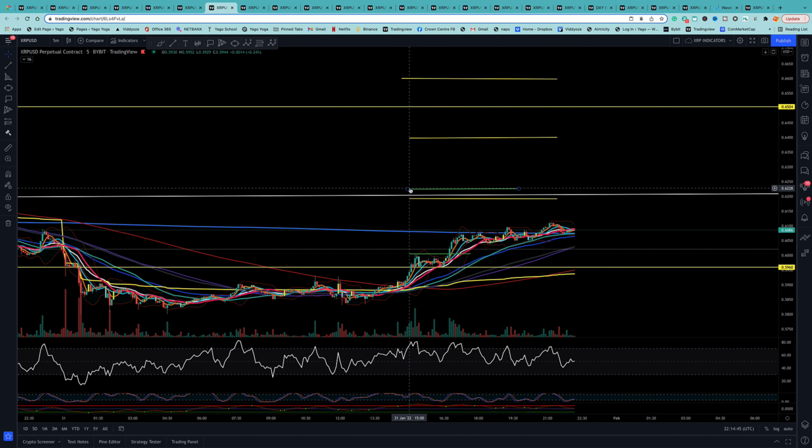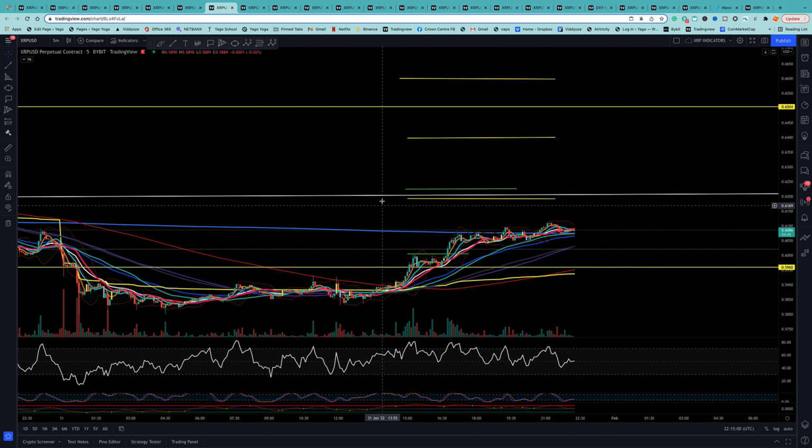It's 50% of 3. Oh, I got it backwards here. Let me get this right now. You got 50% in the first one because you put 100 in. You doubled your amount. You put 200 in, so you doubled it again. It brings you up another 50% of the difference between price action.